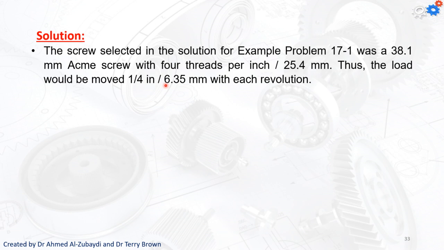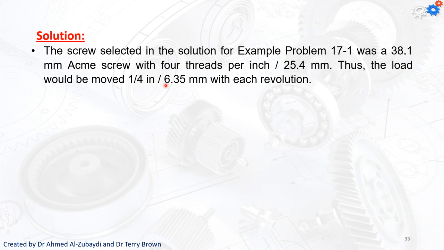So you remember that the screw we selected for the example problem 71 was 38.1 millimeter. You can use the 80, by the way, if you're using the SI units. Okay, so the fourth thread we have per 1 inch or per every 25.4 millimeters, and thus the load will be moving by a quarter inch or 6.35 millimeter with each revolution.